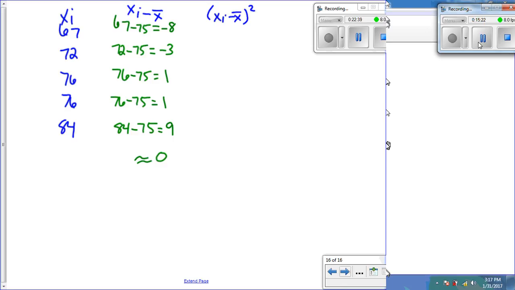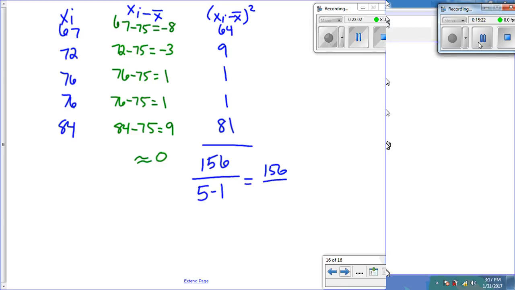So if I square each of these, I get 64, 9, 1, 1, 81. Then I add these up. You always have to add the squared differences. So 156 divided by n minus 1. I had 5 pieces of data, so divided by 5 minus 1. 156 divided by 4 is going to be the variance, so 39.